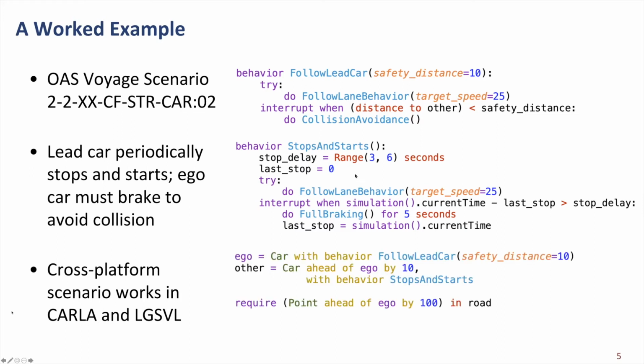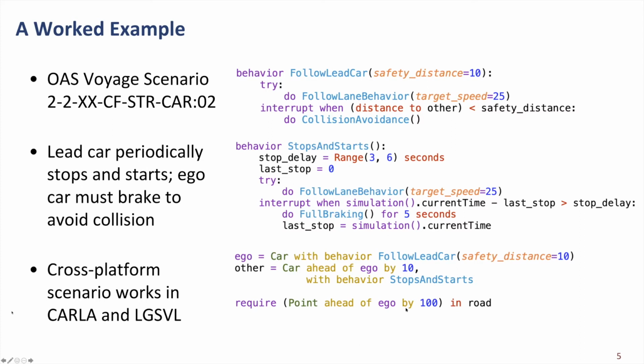Okay, and then we can set up the positions of the cars. So we'll say the ego car uses the default position distribution, which is uniformly at random over the entire map. Using this follow lead car behavior, we'll start out the lead car 10 meters ahead of the ego. And just to make sure that this simulation has enough space ahead in the road, we don't want to be like in a cul-de-sac where there's a dead end or something.